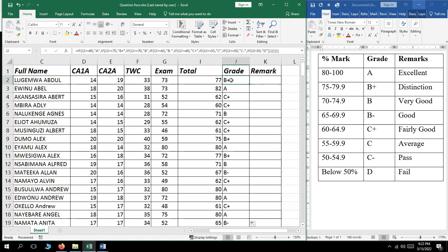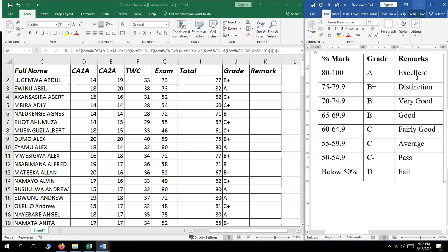Previously we used numbers to determine the remarks, the action we want to take, or the decision we want to make. But how about if we have non-numeric contents? We have our grades and we want to use them, just like in the table here, to determine our remarks.